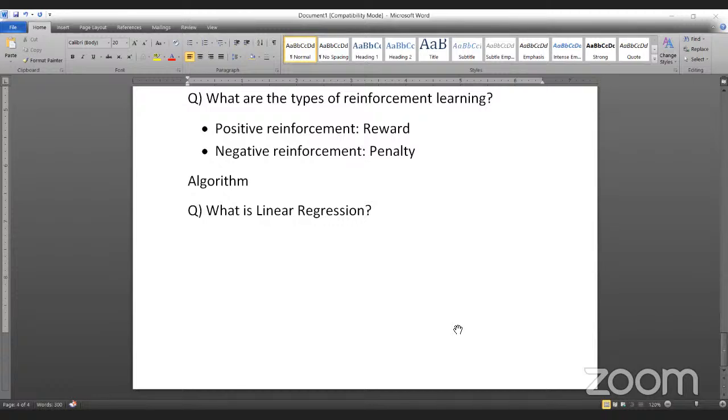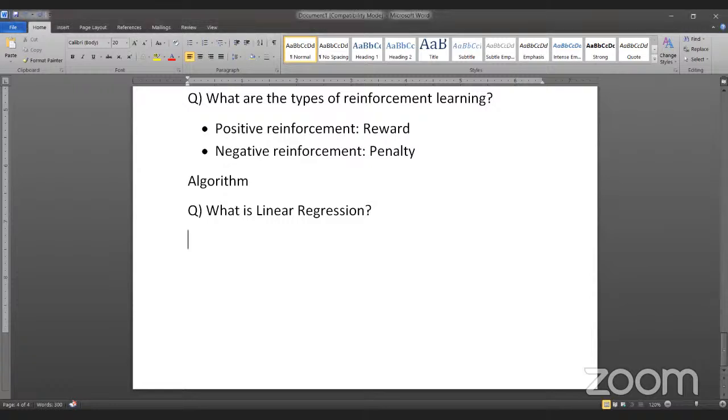We have simple linear regression and also multiple linear regression. If there is only one independent variable, it is known as simple linear regression, and if we have more than one independent variable, it is known as multiple linear regression.